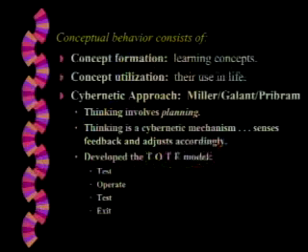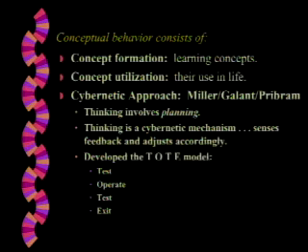Okay, if we look at Miller, Galanter, and Pribram, who are some of the theorists who've dealt with what they call a cybernetic approach to using concepts, and this is relatively simple. They observed that thinking involves planning. Now later on we'll get to action outcome theory, and we'll see how people really set goals and plan for particular outcomes.